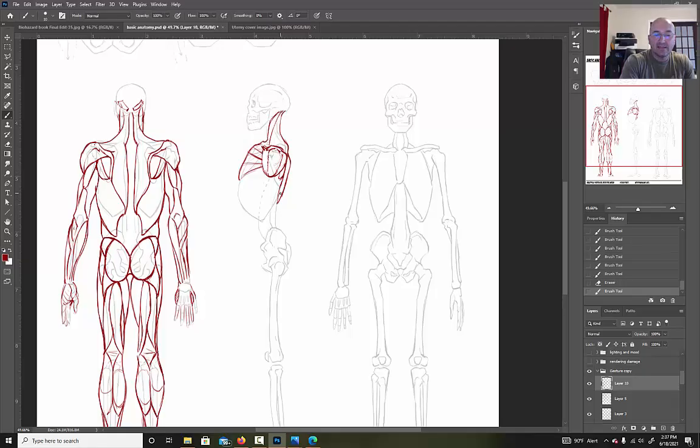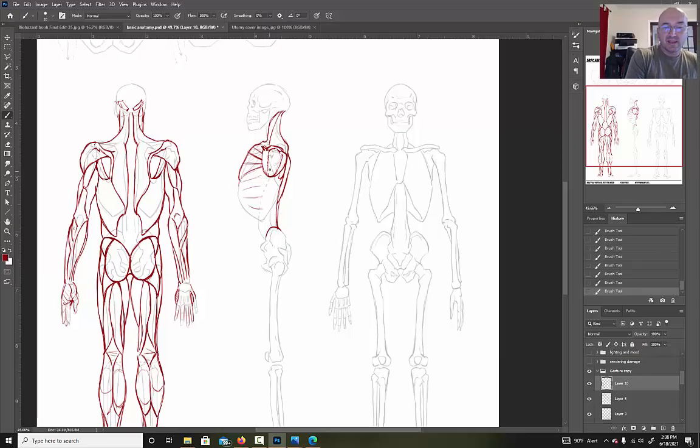So your lat is going to attach to the iliac crest. So it's going to sit and attach to that. Now, the rib cage, the ribs are moving across this way. And there are going to be very thin muscles attached to those.